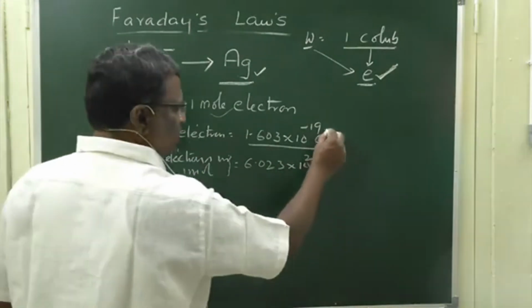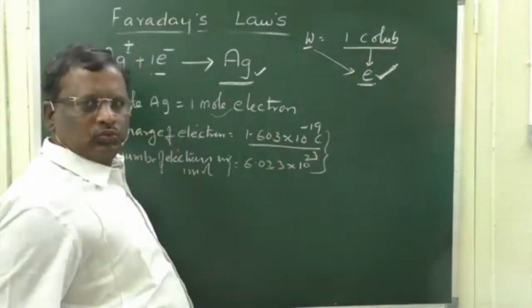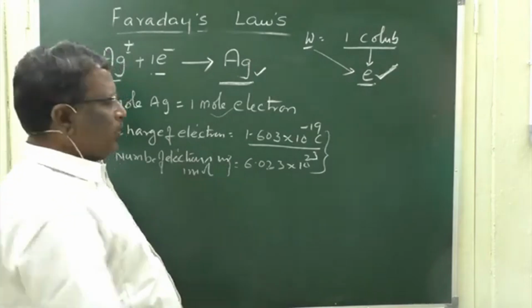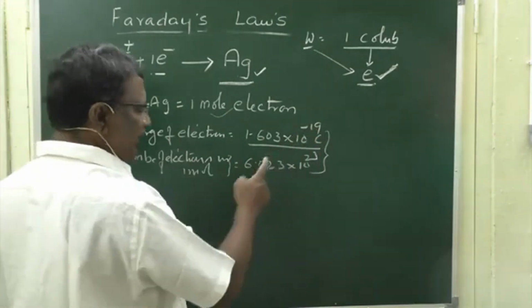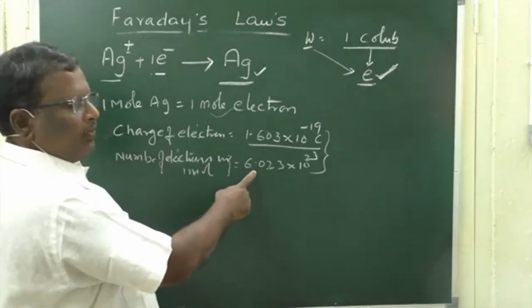Now, the total charge of 1 mole of electrons is the product of these two: 1.603 x 10^-19 into 6.023 x 10^23.